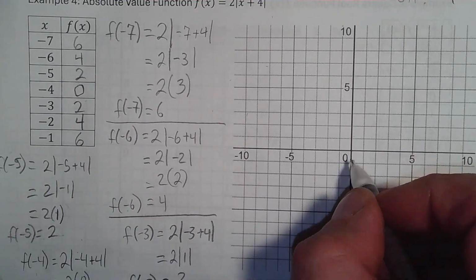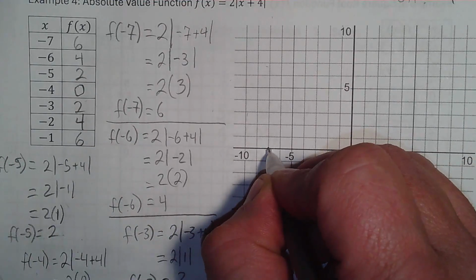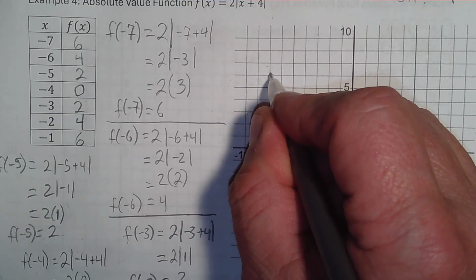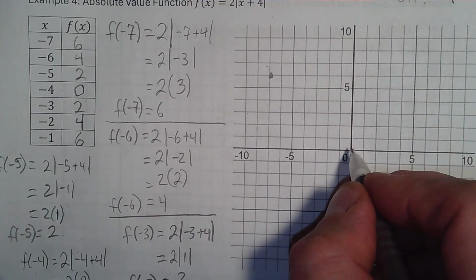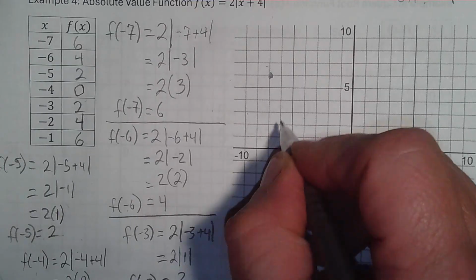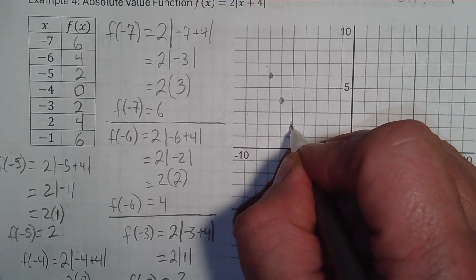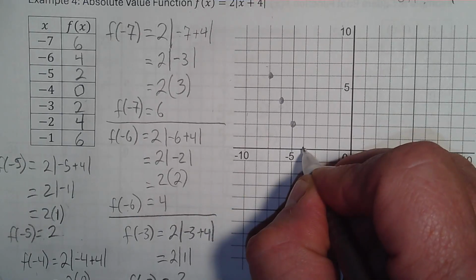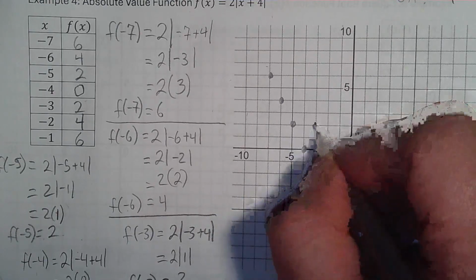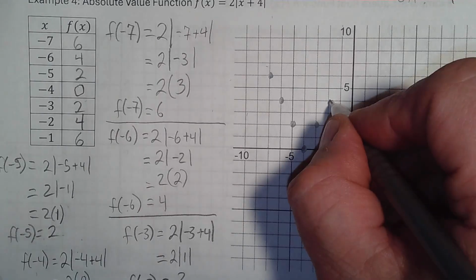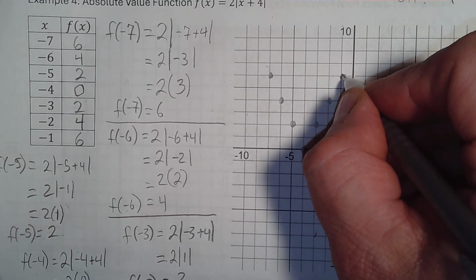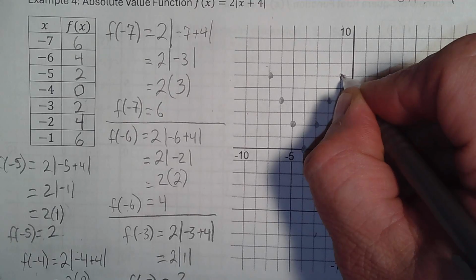Let's graph these points. -7, 6. That's this point here. -6, 4. -5, 2. -4, 0. -3, 2. -2, 4. And -1, 6.